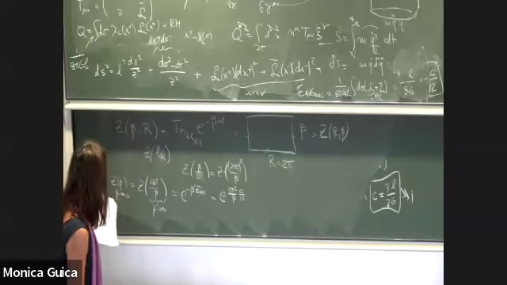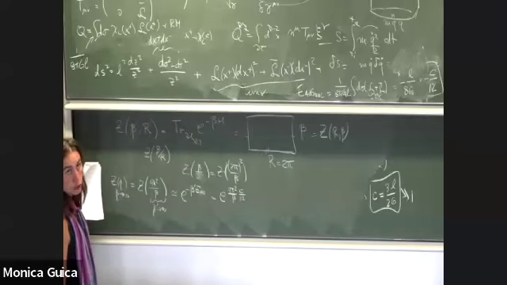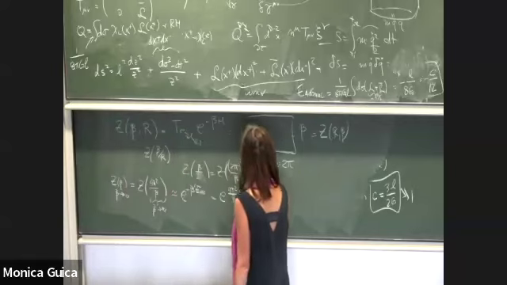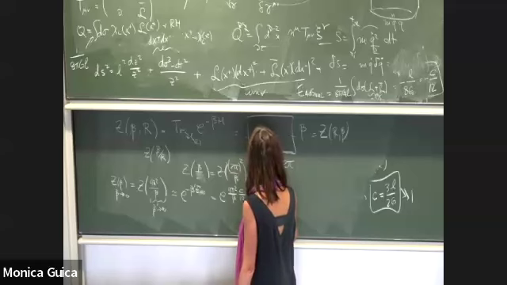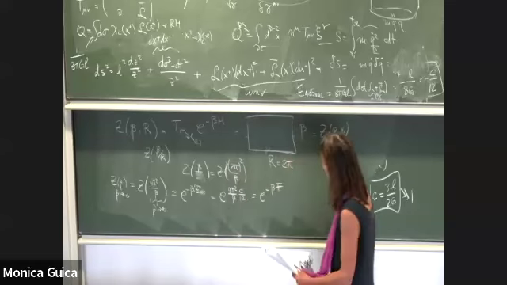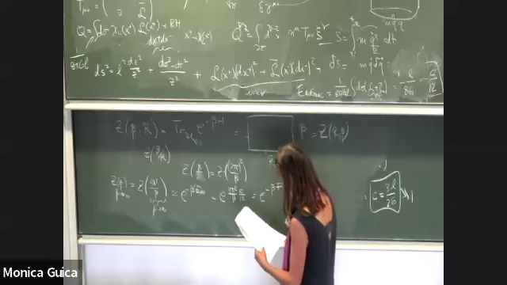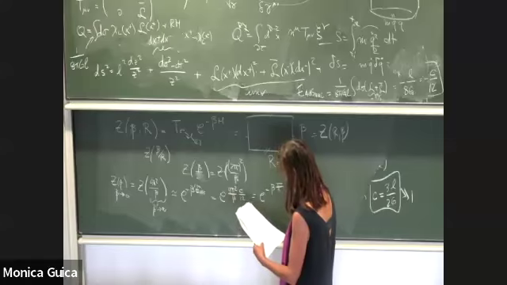Now, so I go into the high temperature picture, and the partition function can be written as e to the minus beta times the free energy. And from here, let me just jump over the calculations, since it takes time to do all of them.